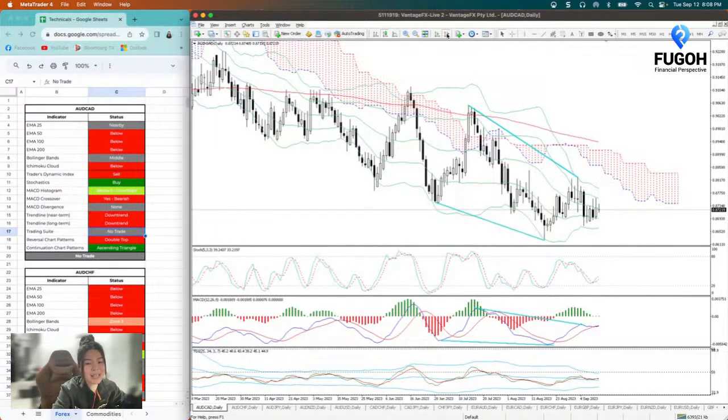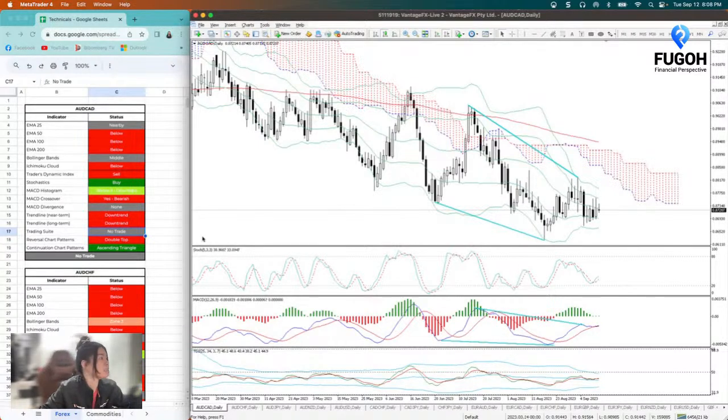This is a system that he has devised for their clients. The reason why I like to use the trading suite is because it's very easy to use. Even people who are new to trading will be able to use it without any hiccups, any problems. It will make your trading and technical analysis much, much easier. But I don't have access to it right now because I'm using a different account. So let's just put it here.